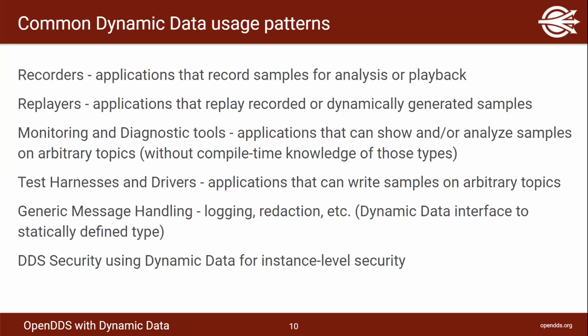The playback would be done by an application called a replayer, which would essentially load all of that data in and then play it back out. Or maybe it does dynamically generated samples based on those, or just dynamically generated samples in general. The replayer, again, doesn't really care about what the type is, other than it knows that there's data that needs to be written on a particular topic.